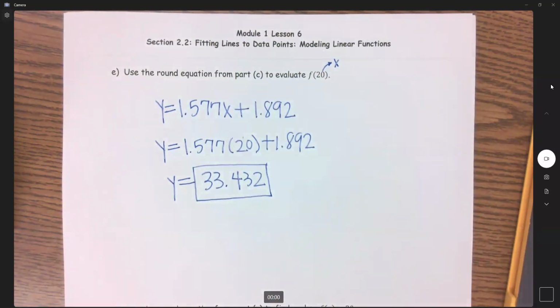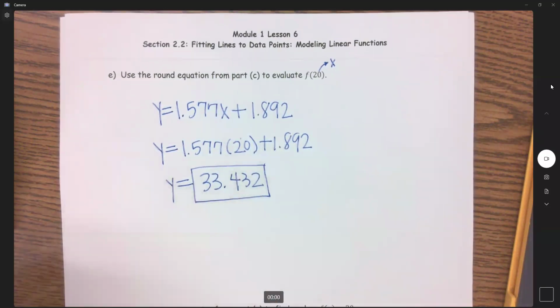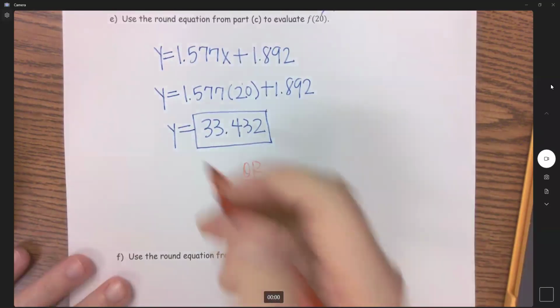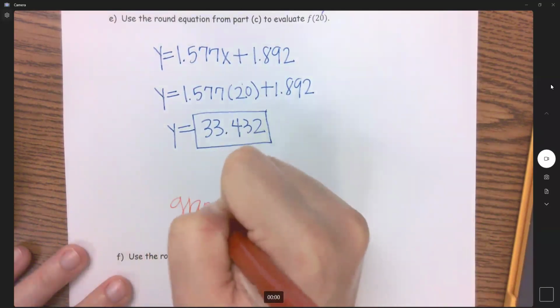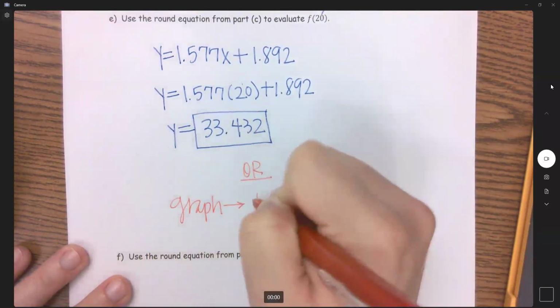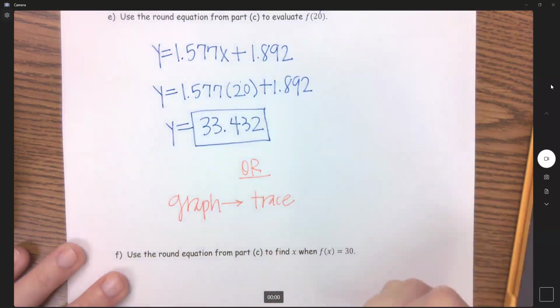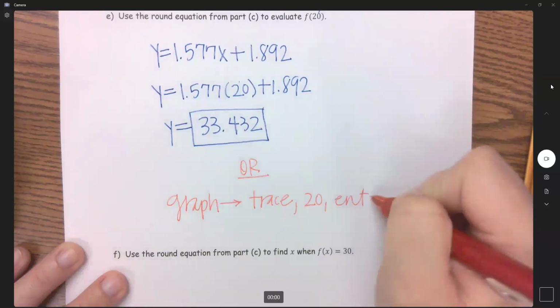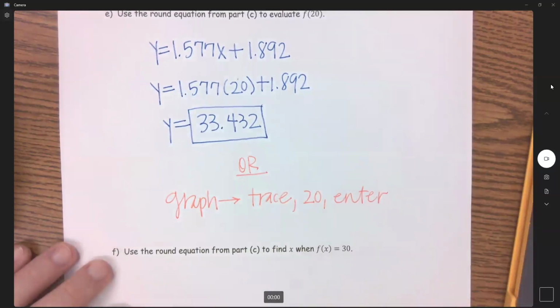Now, one other thing that I can do to get this, which we're going to end up doing in the future, is, once I graph this, which I already have the graph, I can use my trace feature. So I can do trace 20, enter. So let's try this.